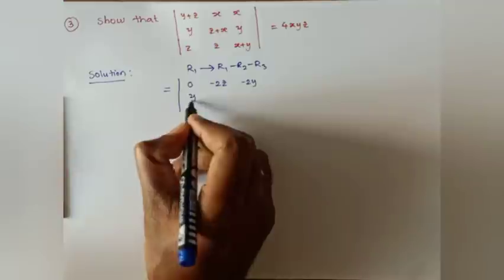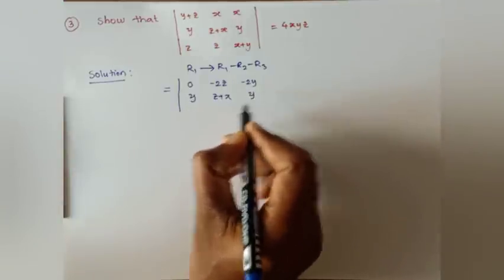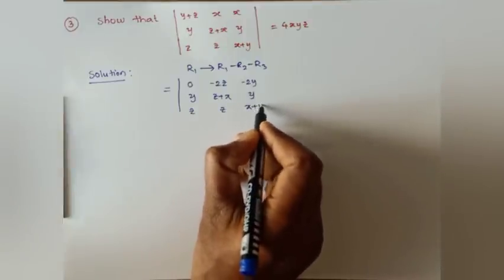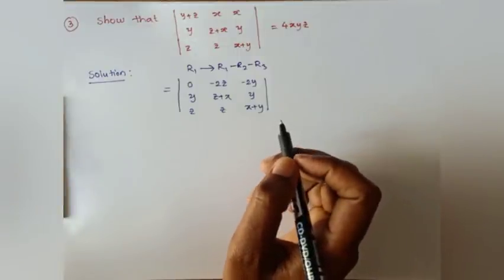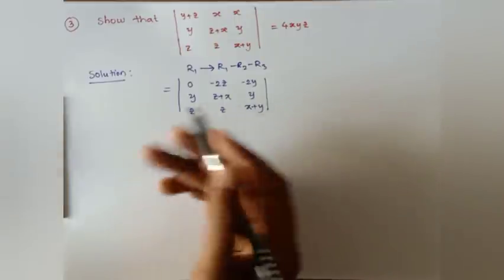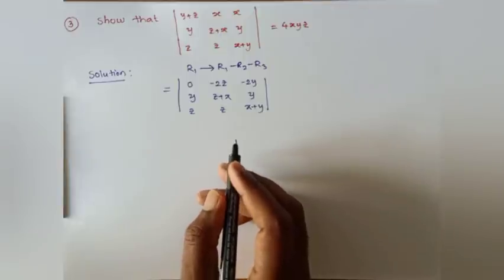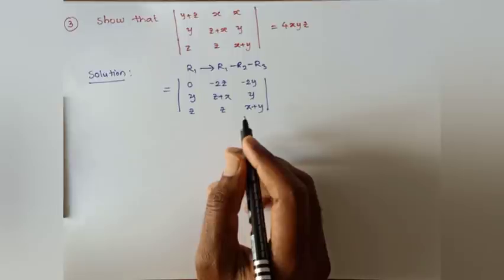Now the remaining elements are as they are, y, z plus x, y; z, x, plus y. If you want to expand either row wise or column wise using the definition, then you can apply that, or you can apply some row operation, column operation also.